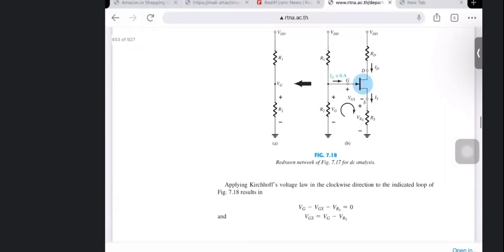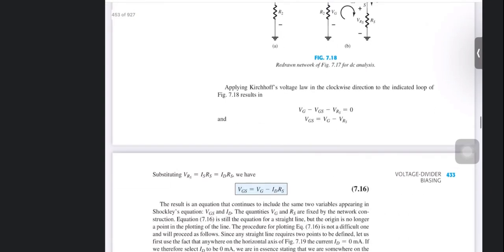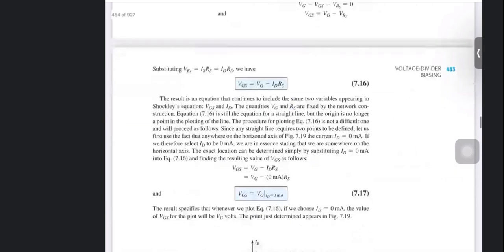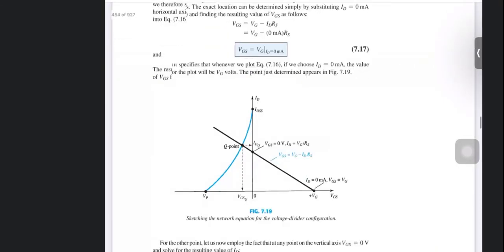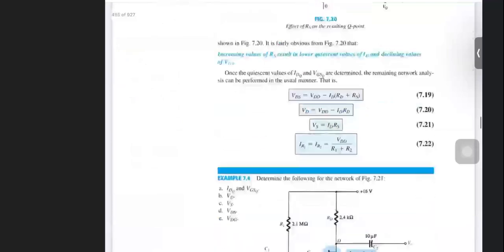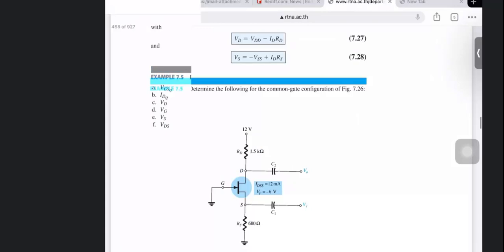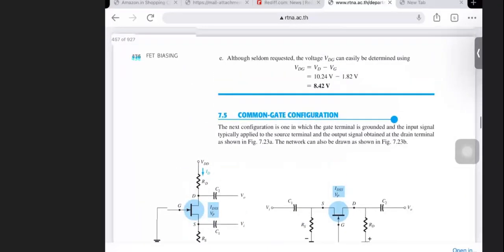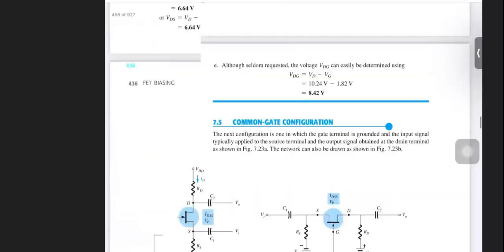This voltage, if we talk about VGS, this is equal to VG minus VRS, or VG minus IDRS, you can write either. So these are relations for finding out. Can you find out these things? Are you able to do this, by the way?